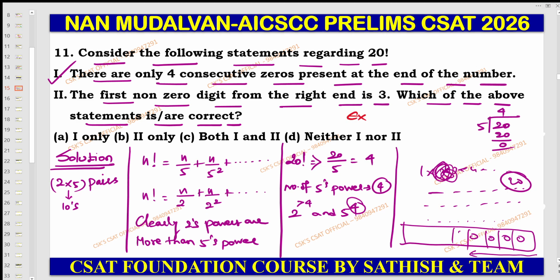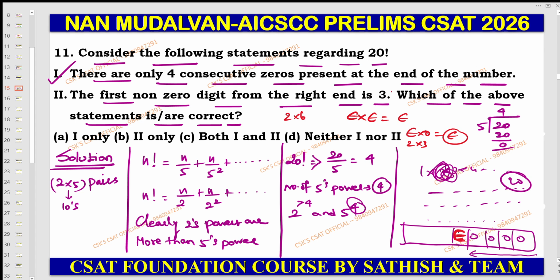When even is multiplied with even, what will you get? You will get an even only. When even is multiplied with odd, what will you get? You will get an even only. So in all the cases you will get an even only. This position is going to be even.